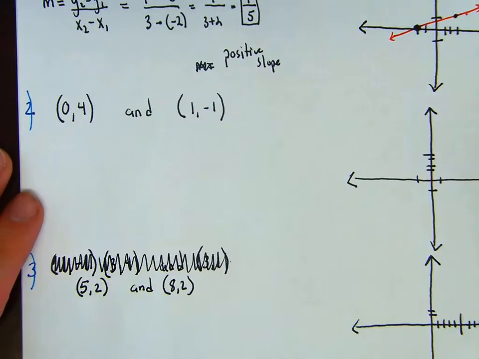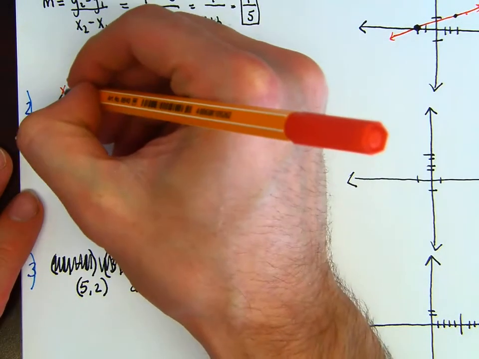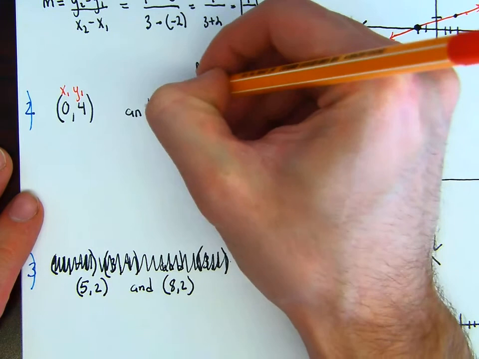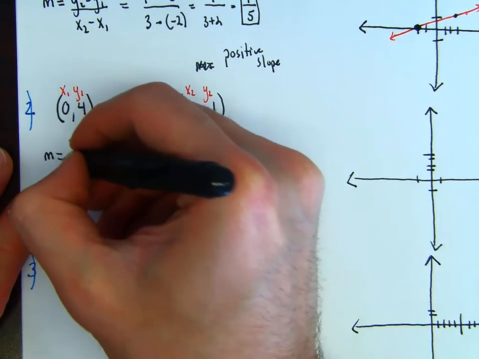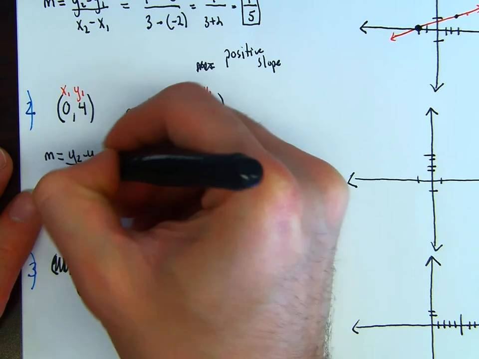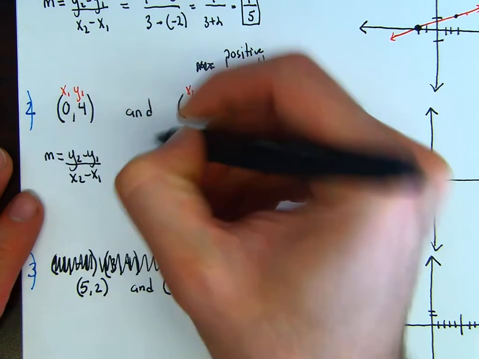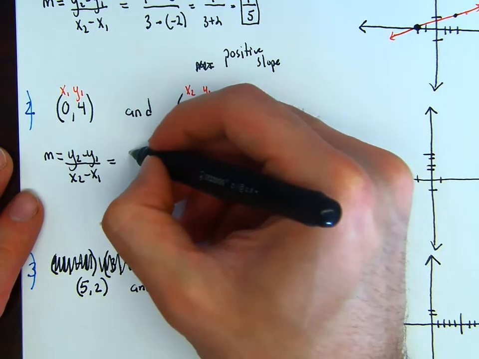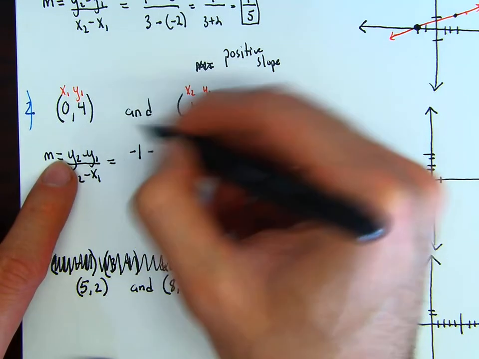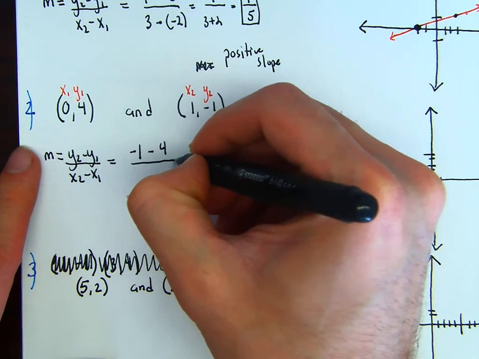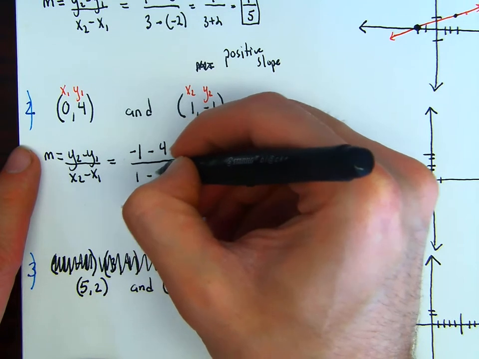Same idea, I label my points, x sub 1, y sub 1, x sub 2, y sub 2. So then here, m equals y sub 2 minus y sub 1 over x sub 2 minus x sub 1, right? This will be negative 1 minus 4 over 1 minus 0.